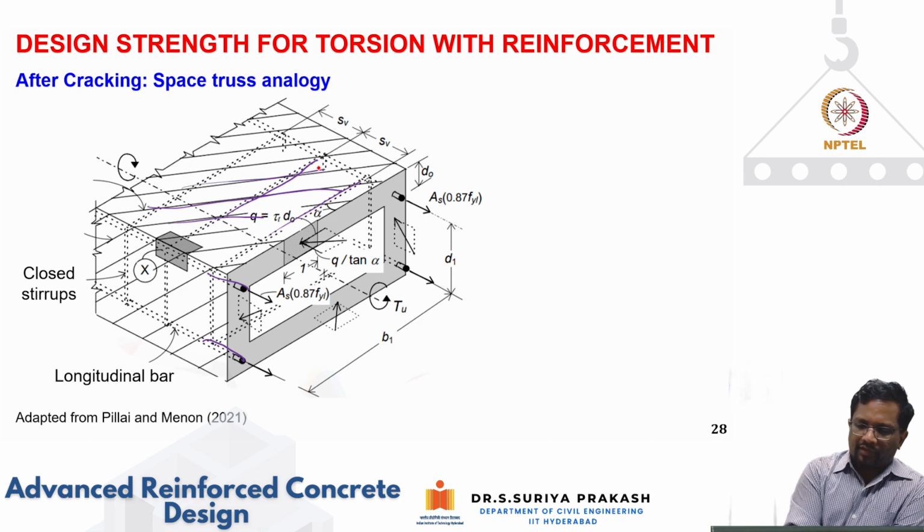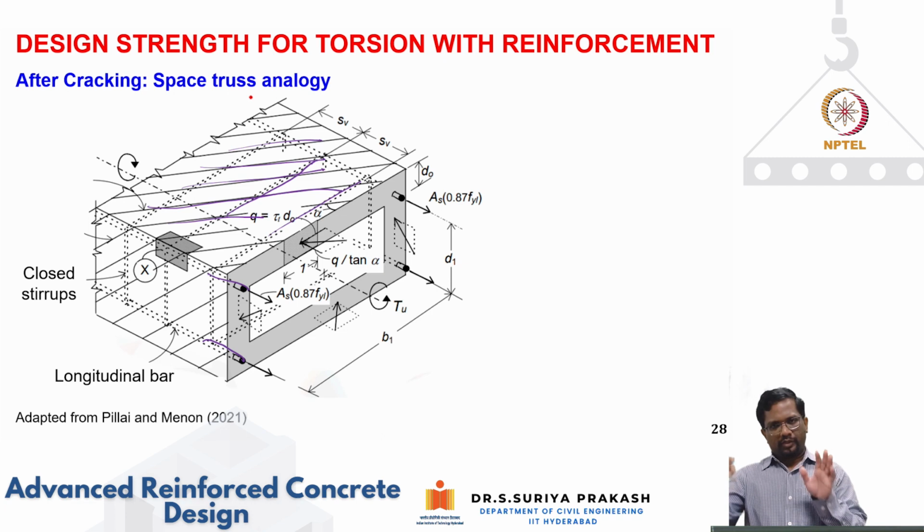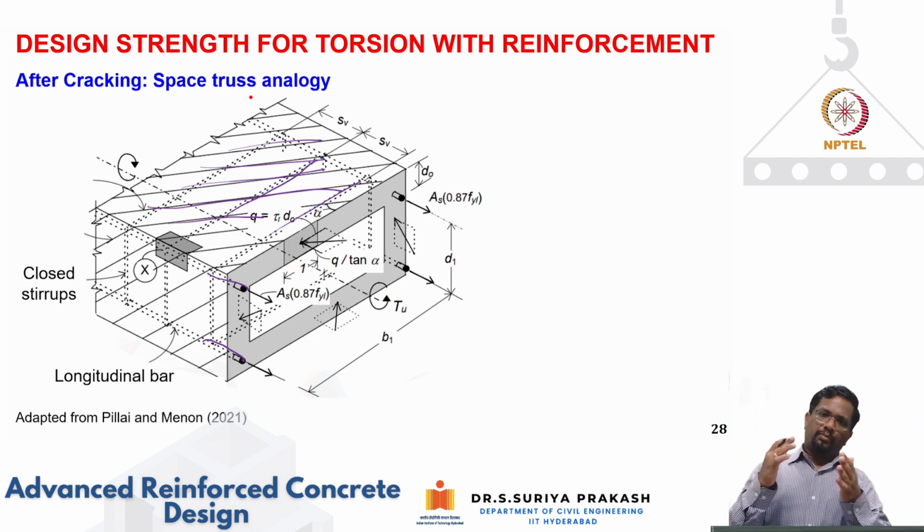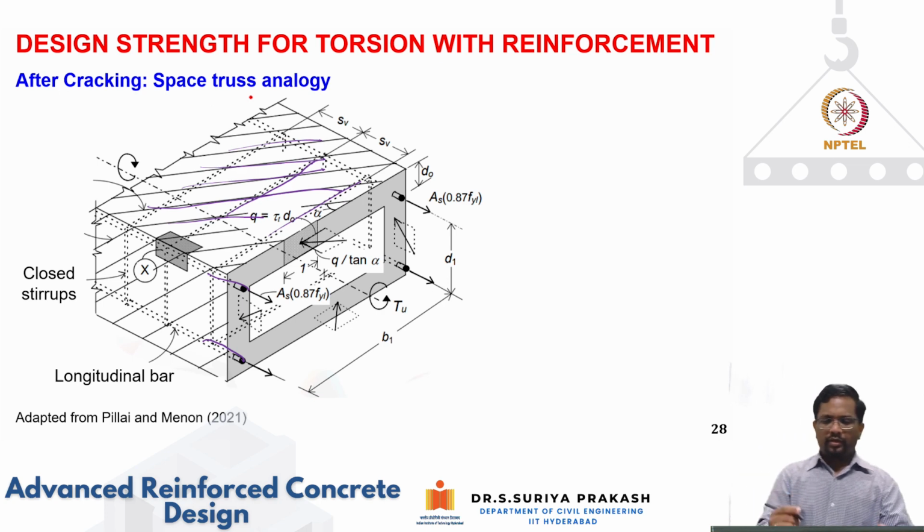Because the cracks are going to be spiral, in between the diagonal cracks the concrete is going to contribute in compression, and the shear flow will be resisted through that concrete in that direction. In addition to that, you are going to have longitudinal bar in tension, and again stirrups in tension.